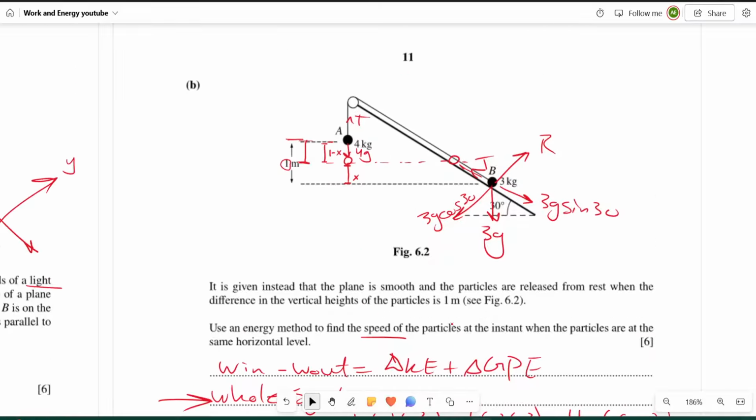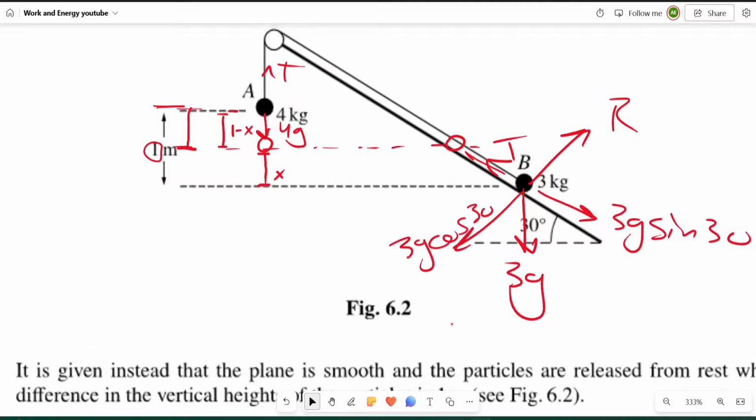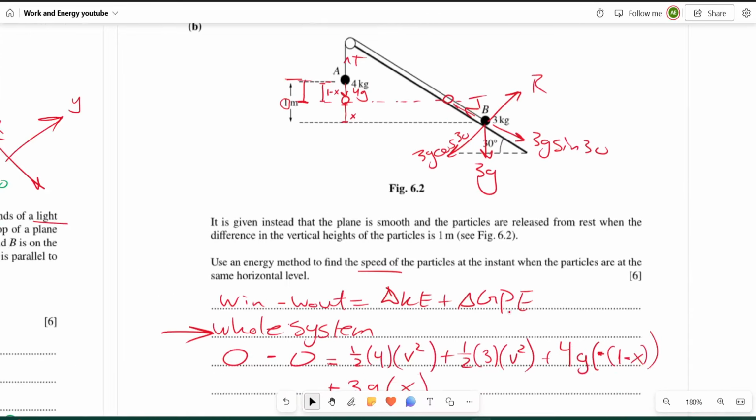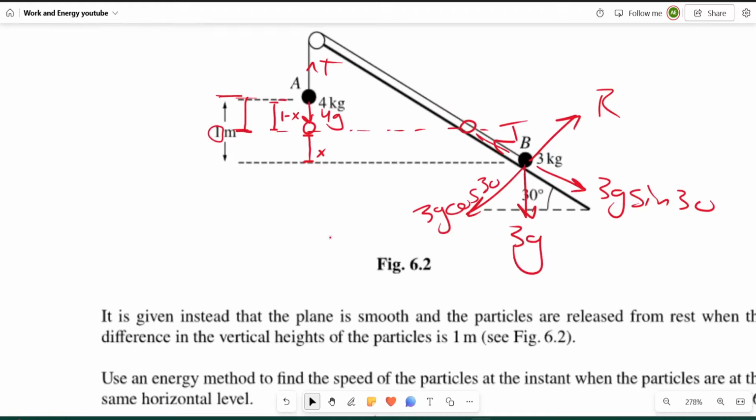Now, something very interesting here is that, because it's an inextensible string, the distance that A will move down is the same distance that B will move up. So B is moving upwards, and this distance it moves up is the distance we're interested in.